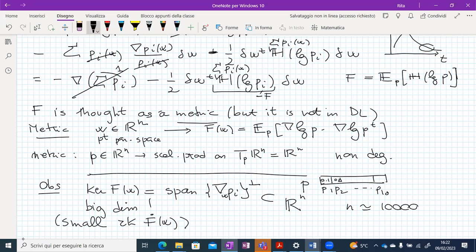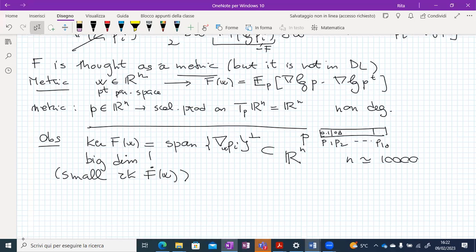Okay. So let me make you this little observation, because it's a toy observation, and then let me tell you a reflection on this. In fact, let's look at the transpose of a vector, F u.